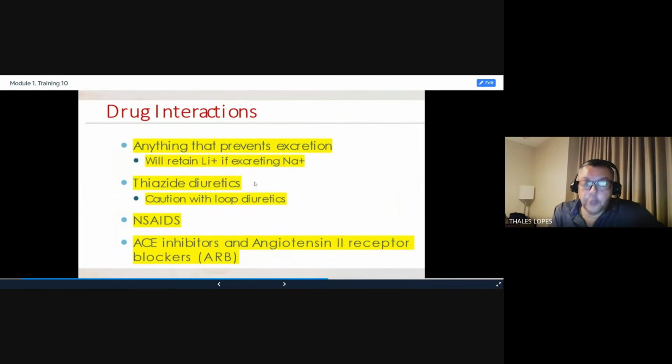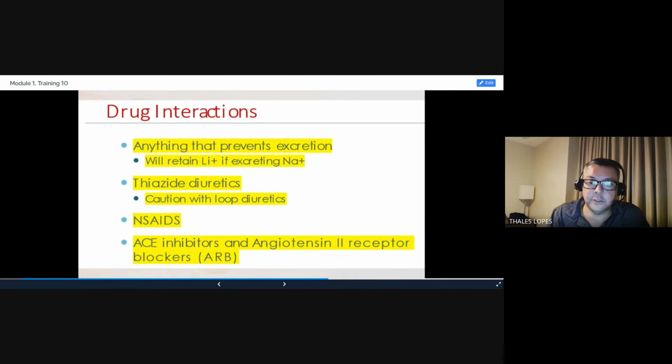Well, earlier we talked about lithium and NSAIDs, ACE inhibitors, ARBs, and how they interact with lithium. It could double, especially NSAIDs, the amount of lithium, because what it does is it retains the lithium and excretes sodium, right?